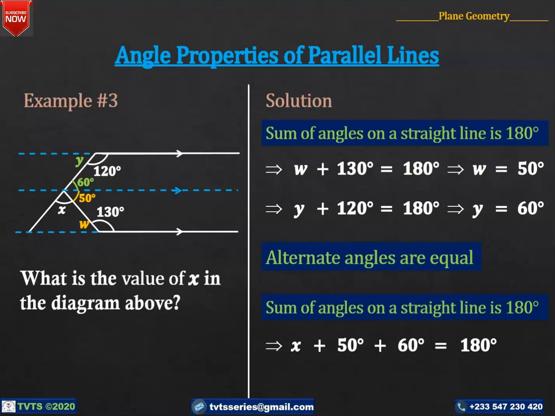Grouping like terms, we have x equal to 180 degrees minus 50 degrees minus 60 degrees, which produces 70 degrees. Hence, the value of x is 70 degrees.